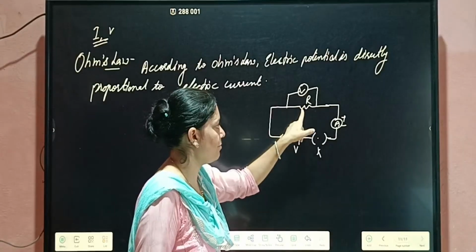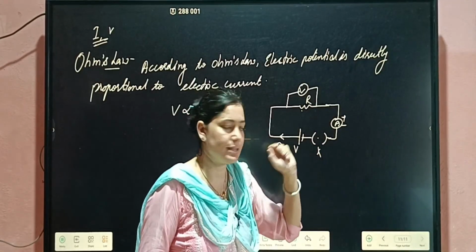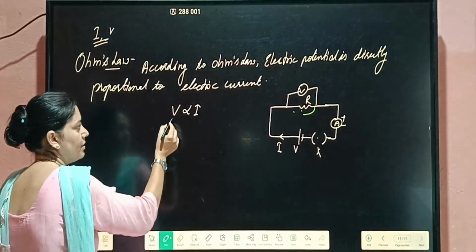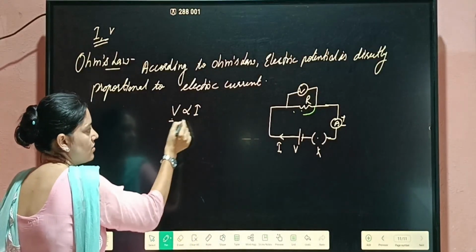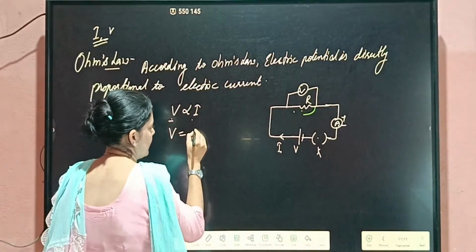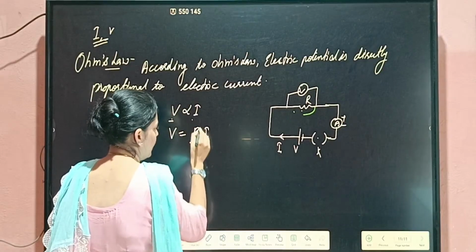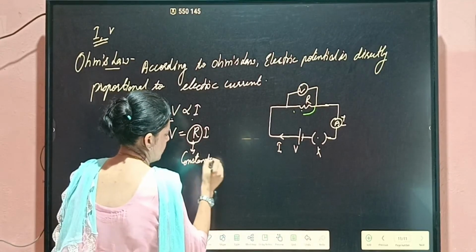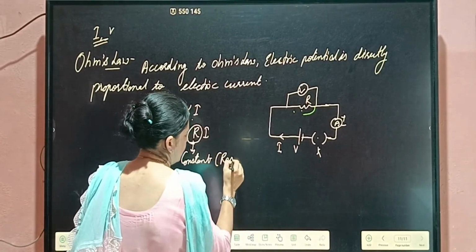So voltmeter in parallel, and ammeter we will connect in series, and this is our resistance, by which we want to find out the relation between V and I. So according to this law, V will be directly proportional to I. Then remove this proportionality sign. Then here we will take one constant, and this constant we will call resistance.